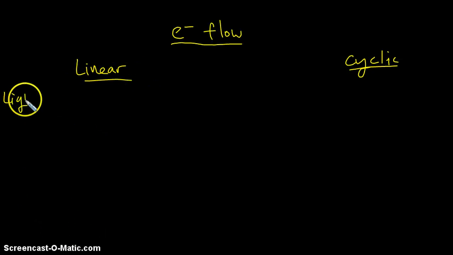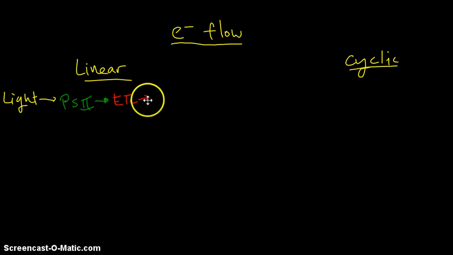So light energy, again, is captured by the photosystems. Photosystem 2 is where that energy is initially captured, and then the electrons are passed via pigments and electron acceptors to an electron transport chain.